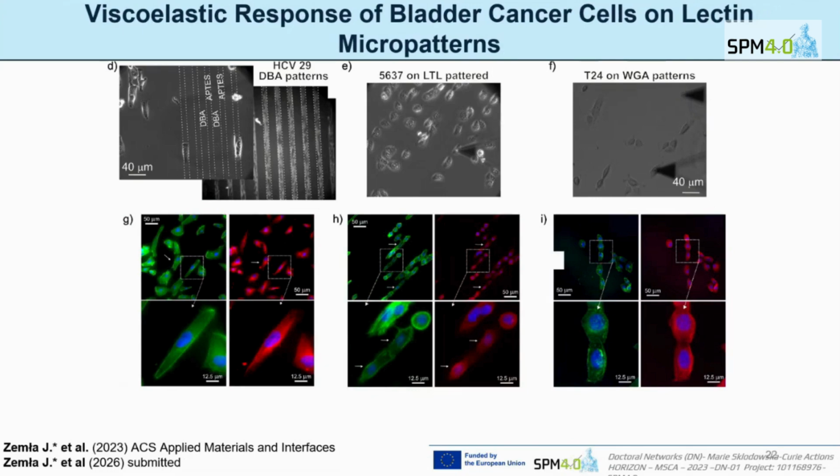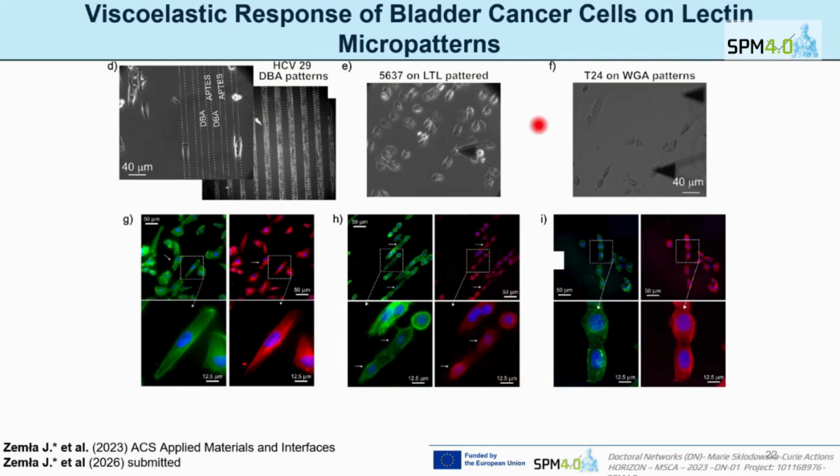This approach we used to study cells, the shape of which was imposed by chemical and topographical patterns. So with soft lithographic techniques, we have imprinted lectin patterns on the substrate modified with some kind of silane.